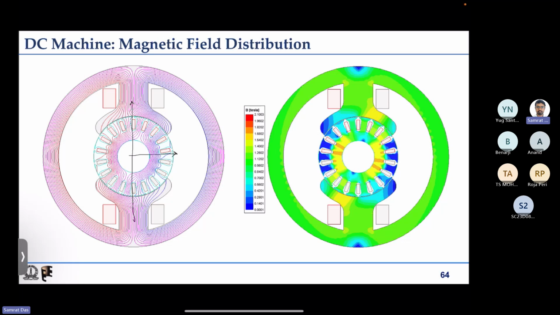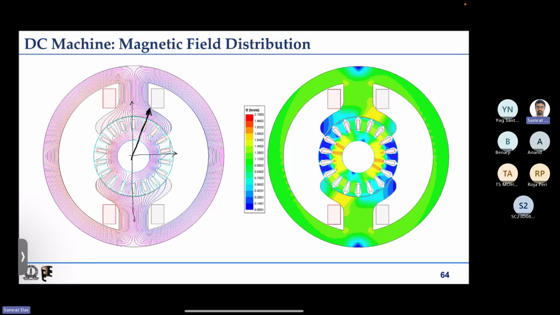And based on the relative magnitude and angle, there will be a resultant magnetic field, and you can see that it is tilted. And we'll look at this case in detail, what is happening in the case of a DC machine.